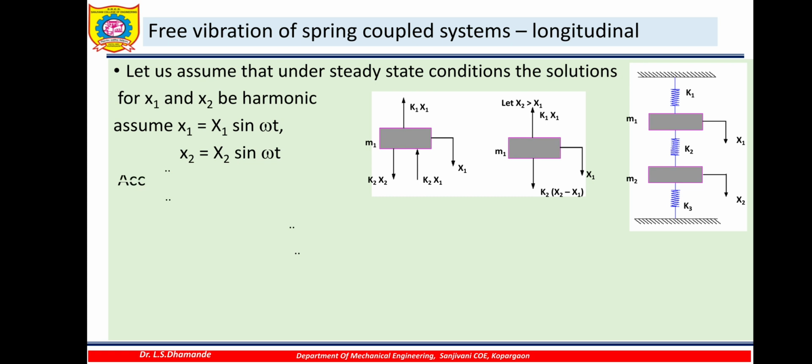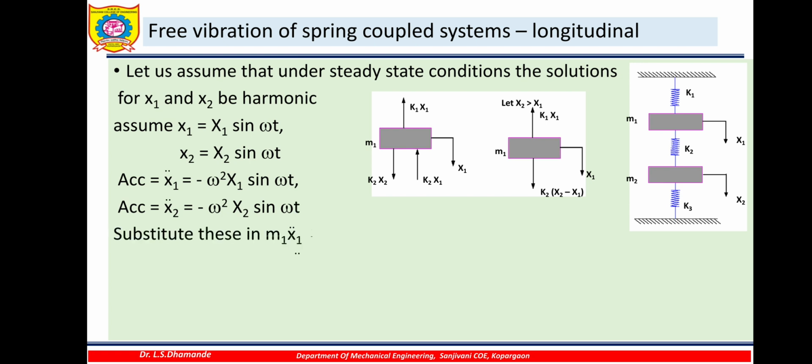Accordingly, the accelerations become x1 double dot equal to minus omega square x1 sin of omega t, and for the second mass, x2 double dot is equal to minus omega square x2 sin of omega t.